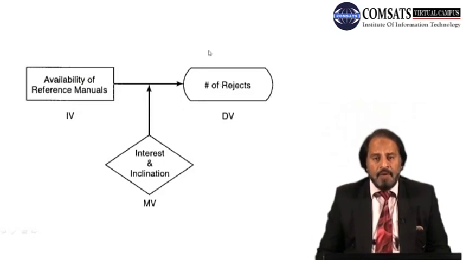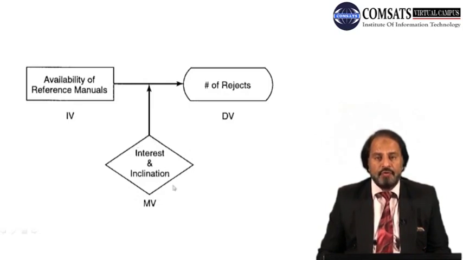But then while going through the literature, it was found that although the manuals might be available in the organization or factory, it is the interest, the inclination of the employees, which will make the difference actually. If the inclination of the employees is there to read those manuals and apply those manuals, then only the rejects will be reduced.